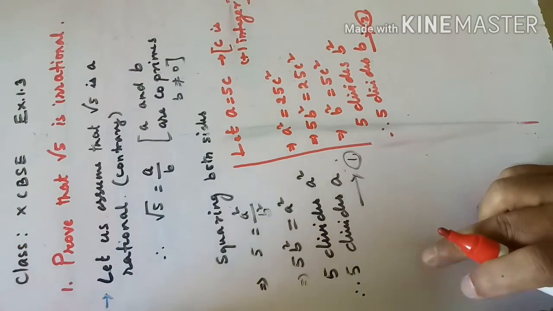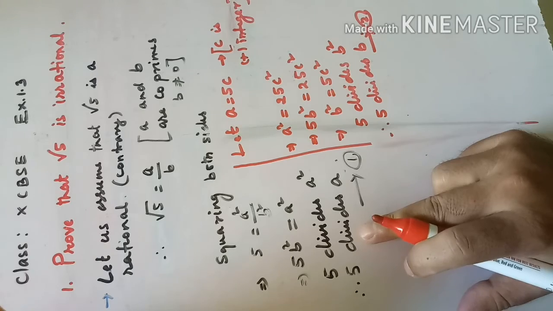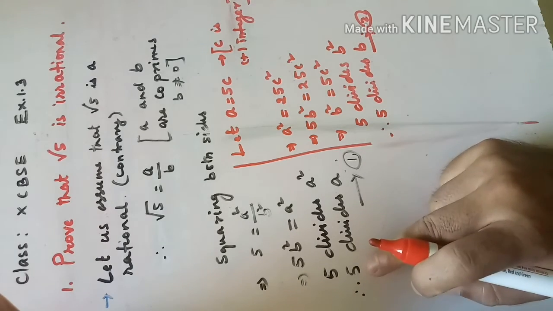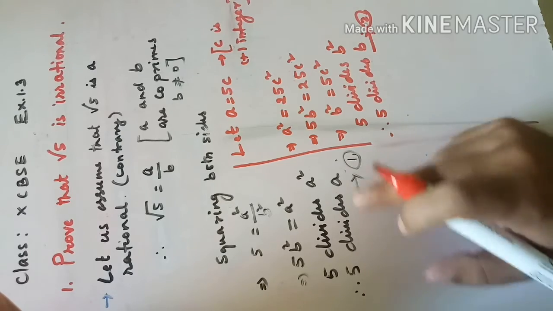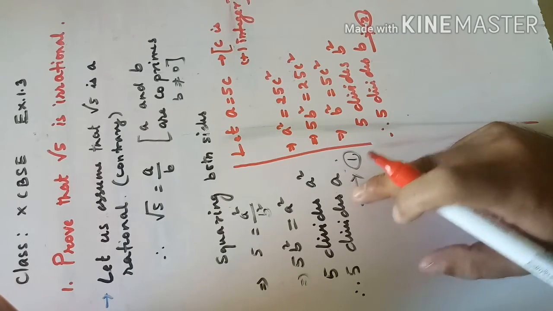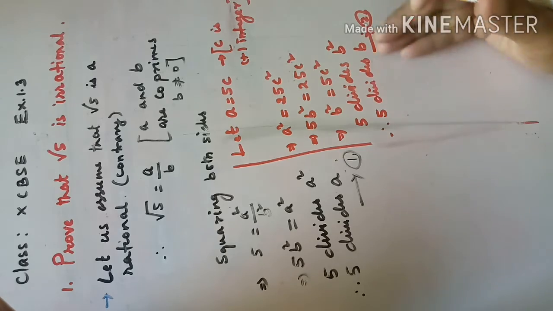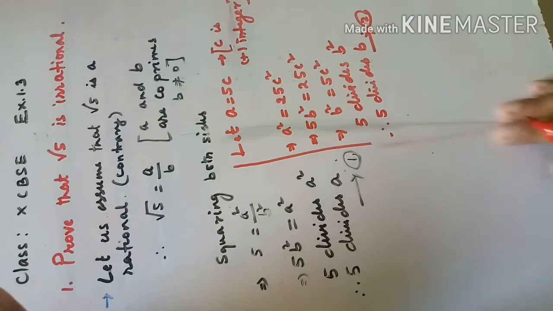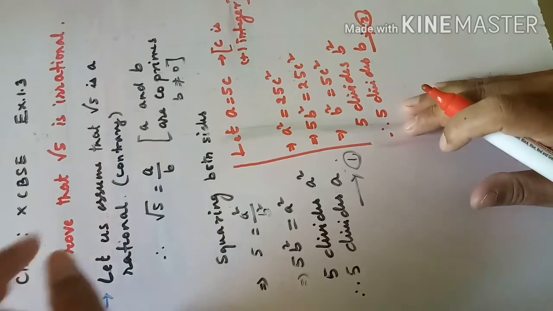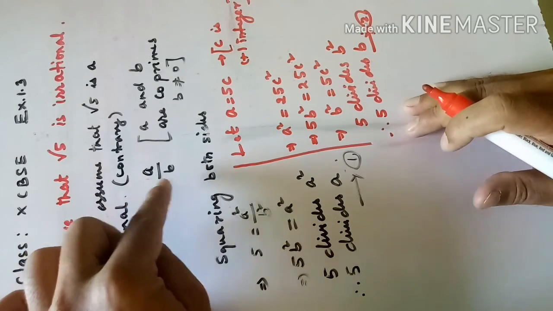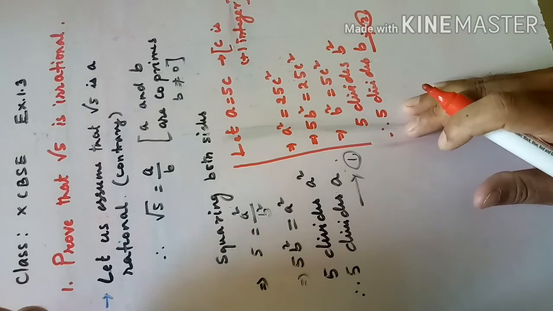Now you tell me: in equation number 1 we got 5 divides a, meaning 5 is a factor of a. In equation number 2 we got the same thing again, 5 is a factor of b. That means 5 is a common factor of a and b. But in the consideration we have taken, a and b are co-prime. So this consideration is wrong.